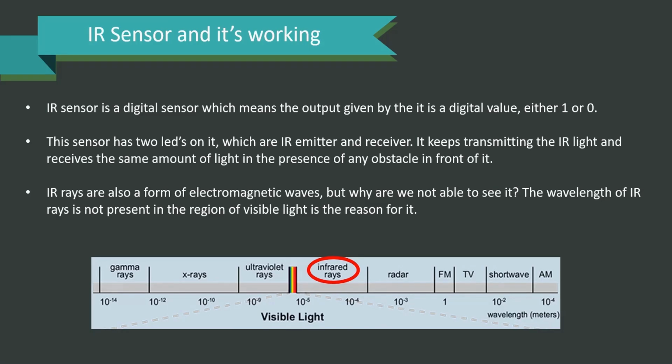IR rays are also a form of electromagnetic waves, but why are we not able to see them? The wavelength of IR rays is not present in the region of visible light, and that is the reason. You can see that we have marked it as a circle in front of you. It is not present in the region of visible light, so we cannot see it.